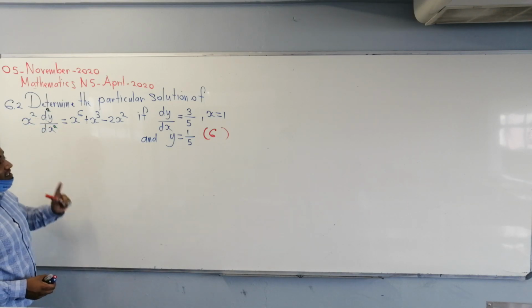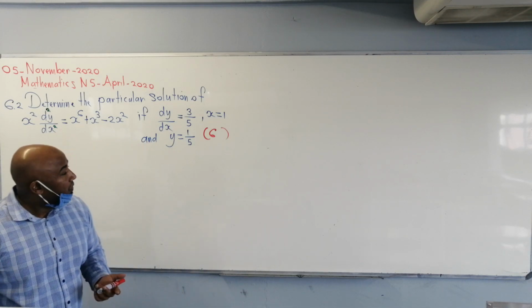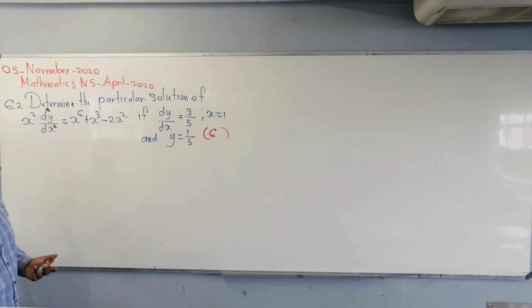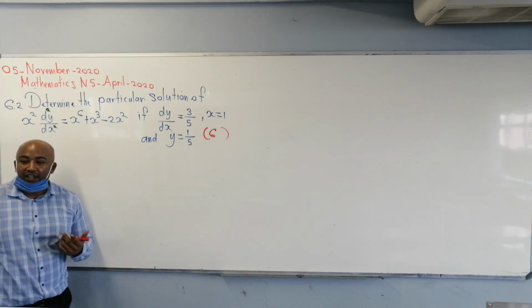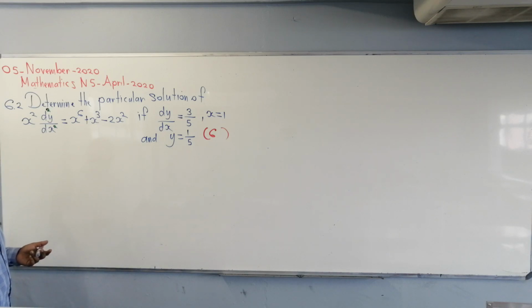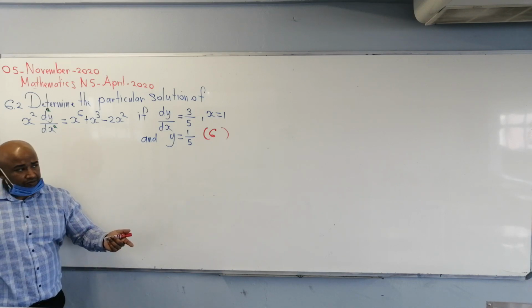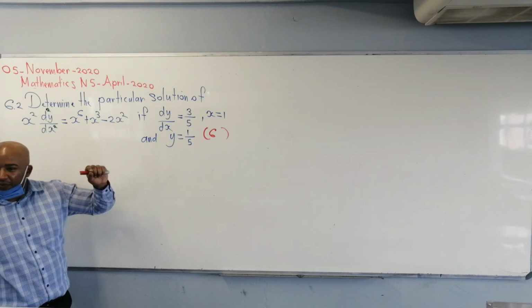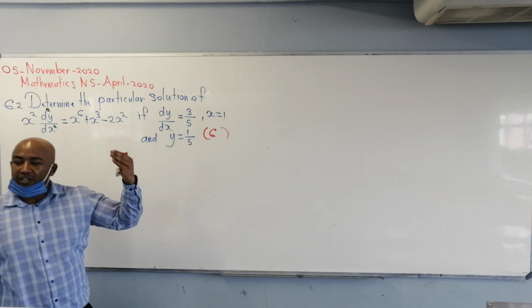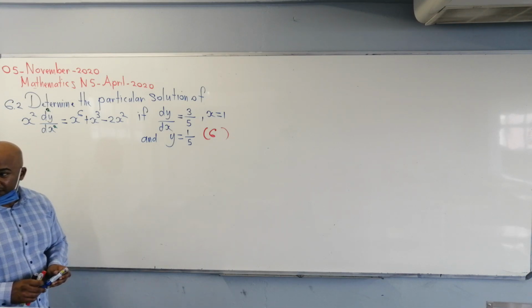So this is a second order differential equation where you can separate the variable again. Now, you notice that there is no y's here, there's only x's. Compared to the previous one where you had the variable y, so you had to manipulate. So in this case, we can do this by direct integration.